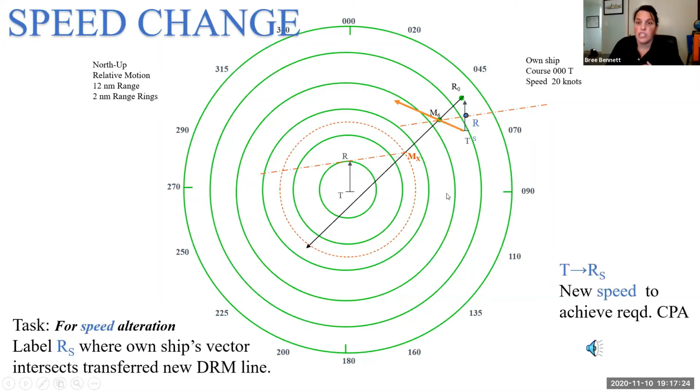If we want to change speed, our R is going to be somewhere along that line. If we maintain our course, the direction of our vector isn't changing, just the length of our vector is. So our R prime would be right there. So this would be our new triangle, right? The smaller triangle.